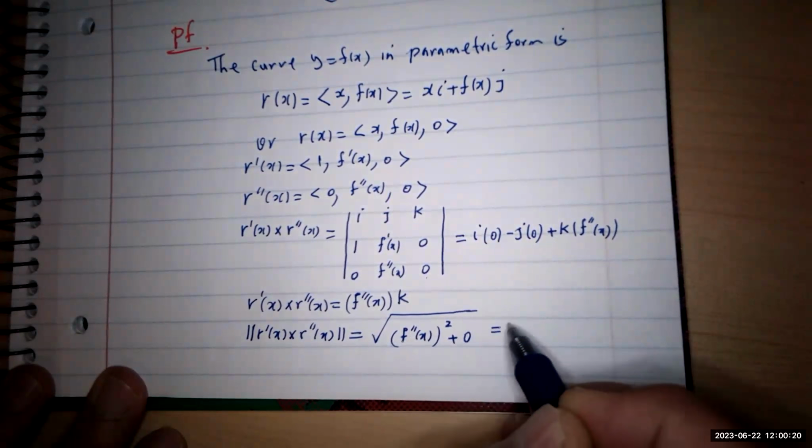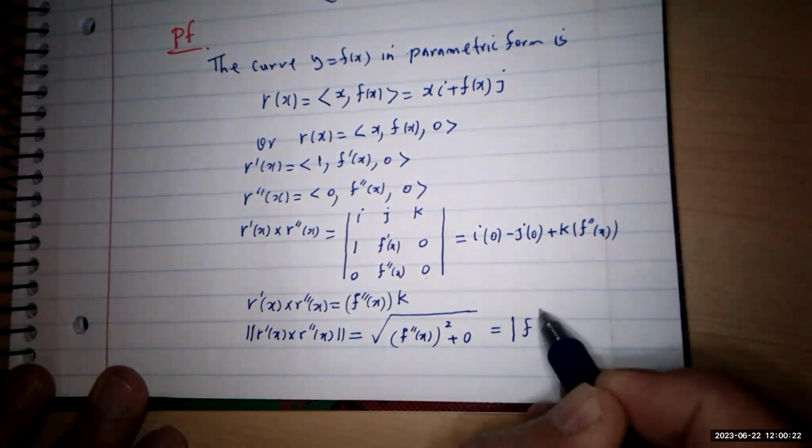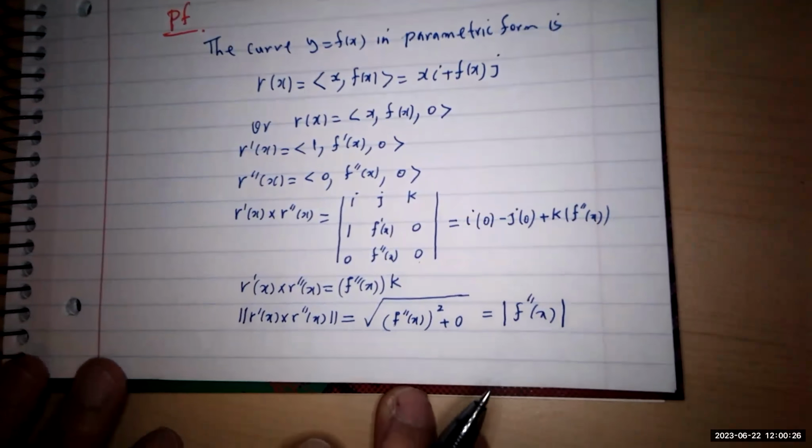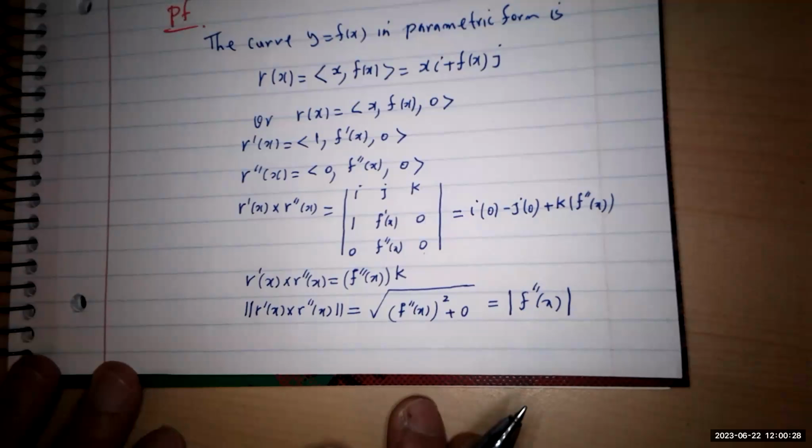And this would be the absolute value of f double prime. You have to put the absolute value because you don't know whether f double prime is positive or negative. So that's the top part of the curvature formula.